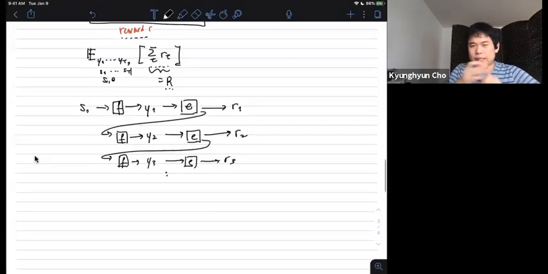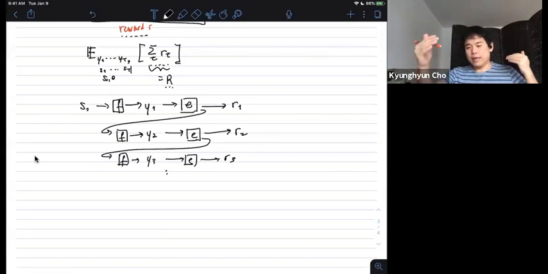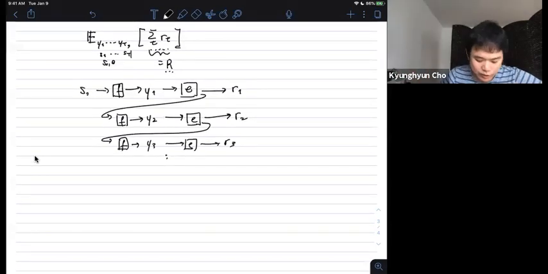We're going to assume that the maximum length of such a sequence of decisions is always fixed to some finite value. So we're going to have the f, yT, and then go to the environment, and then we get RT.